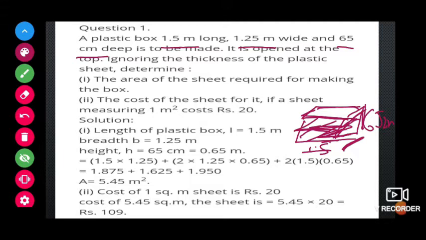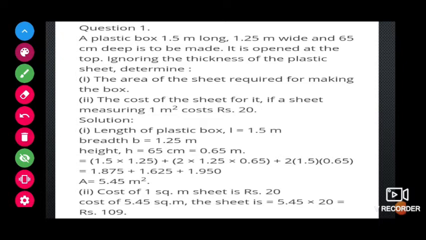We cannot proceed with the calculation directly. So here we write length 1.5 meters as it is and breadth 1.25 meters as it is, but the height, 65 centimeters, we convert into 0.65 meters, because the other two are in meters.